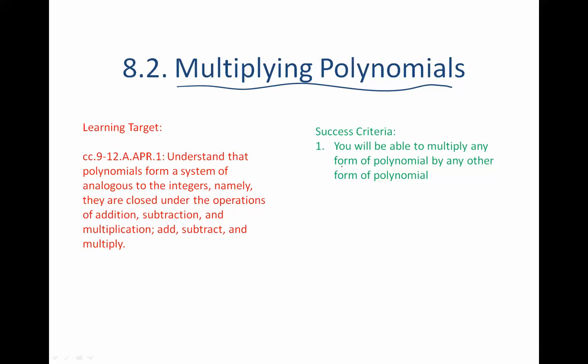The overall goal here is that we are going to be able to multiply any form of polynomial by any form of polynomial, meaning that we're going to be able to do binomials times trinomials, and monomials times trinomials, etc., until we start getting beyond monomials, binomials, trinomials, and just any type of larger form of polynomial. We're going to be able to multiply those things by the end of the lesson. So let's get into it.